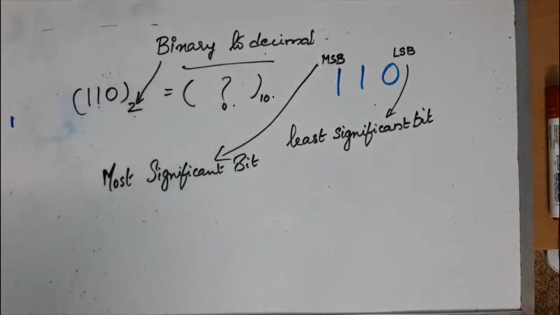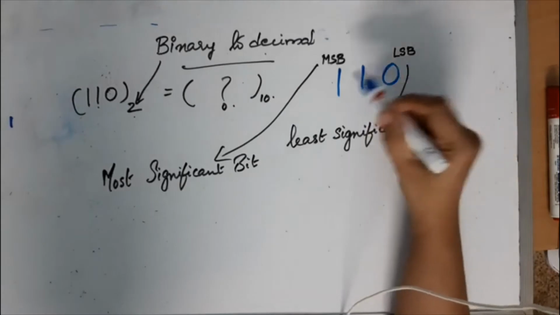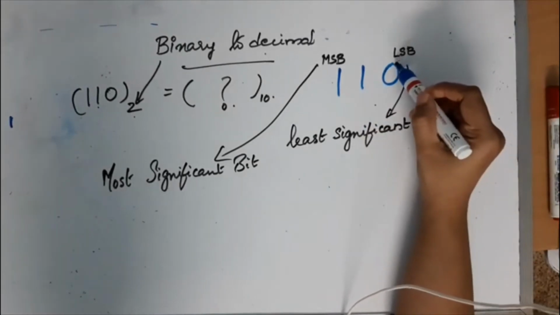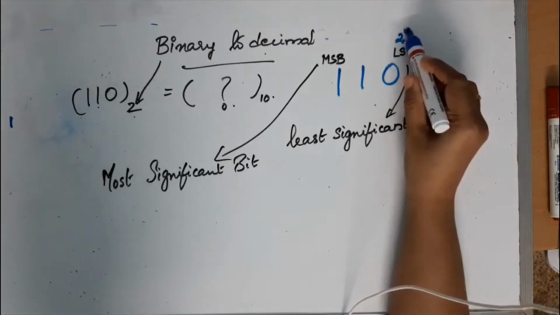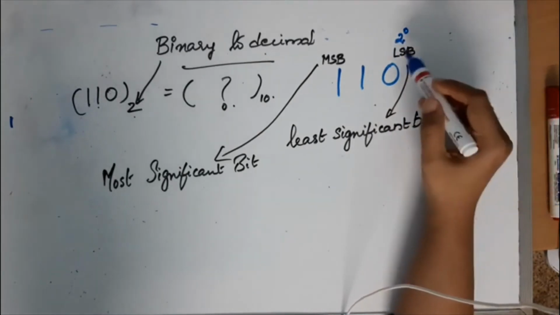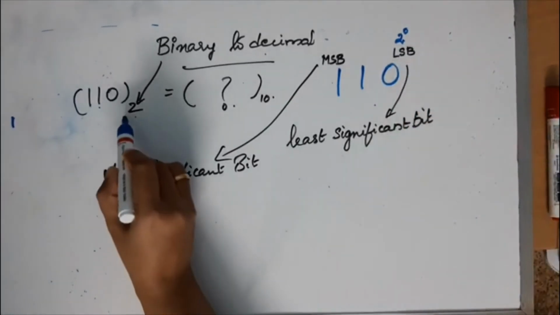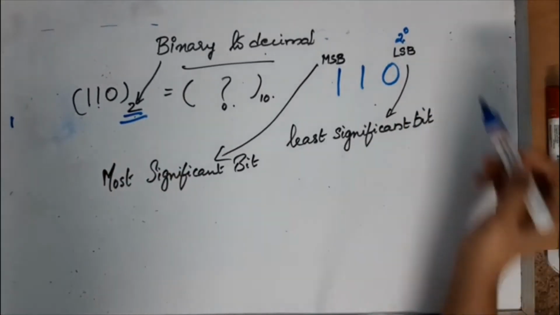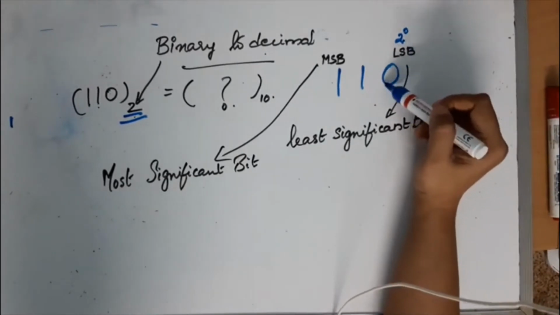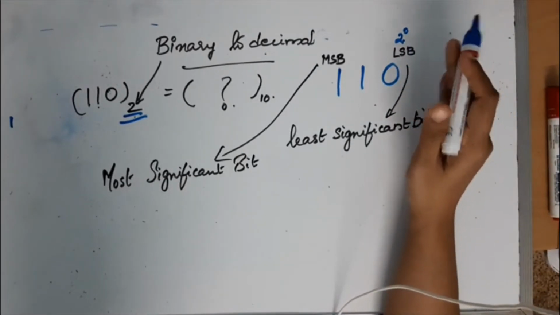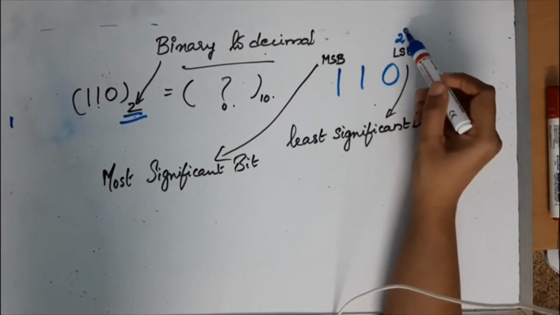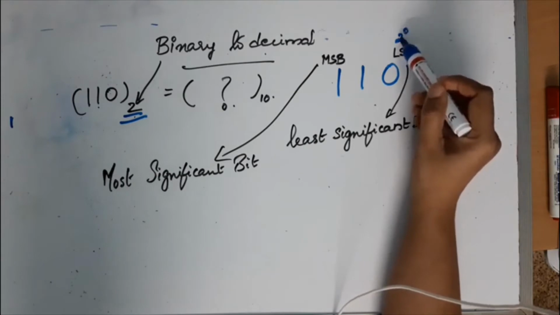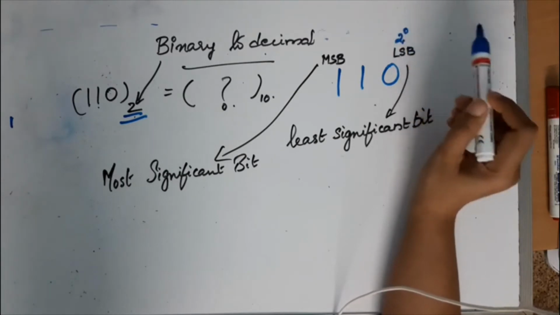Now what is the weight? In the case of this binary number, the weight of the LSB is 2 raised to 0. Why 2? Because this is a binary number. Raised to 0 because it is in the LSB. So you start from the rightmost bit, the LSB, which has a value base to the power of 0.